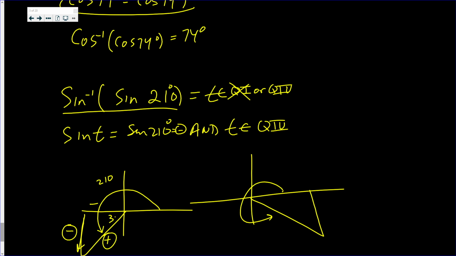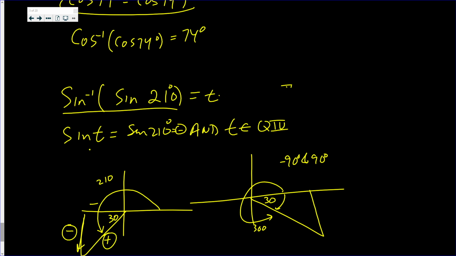Well, this reference angle is 30. This reference angle should also be 30. Since I have to be between negative 90 and positive 90, I can say it's 300, but I can call it negative 30.